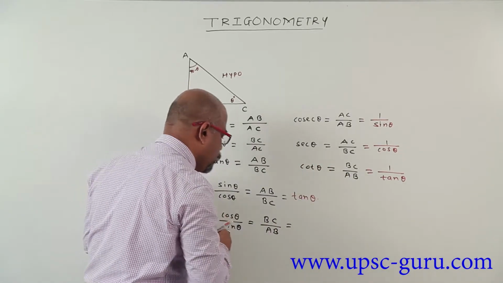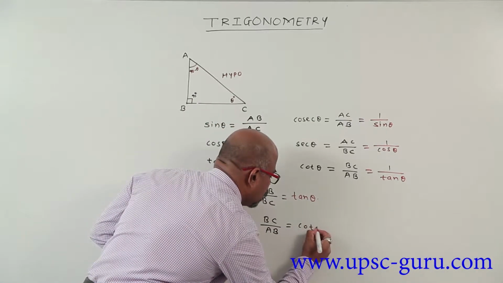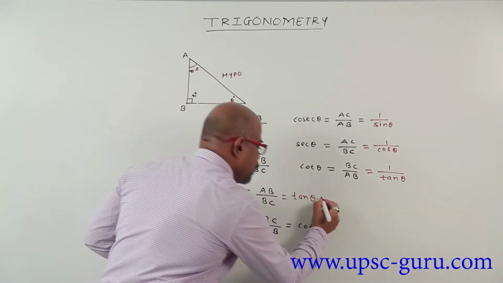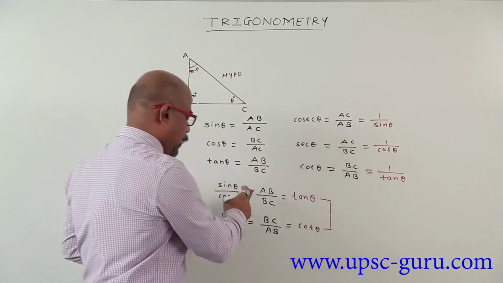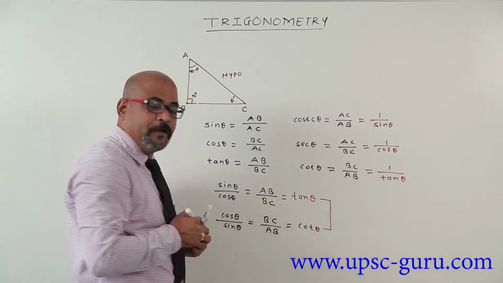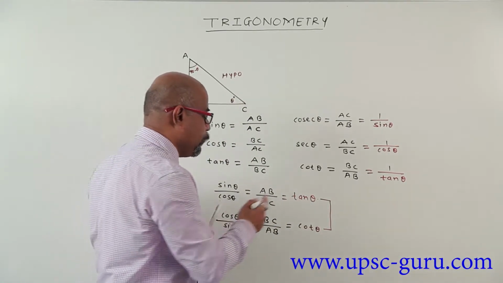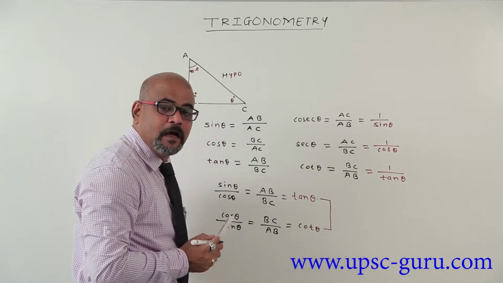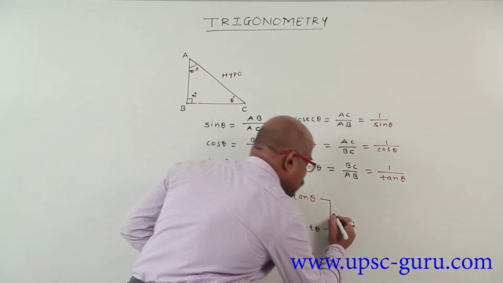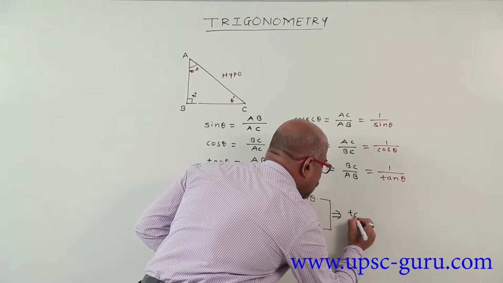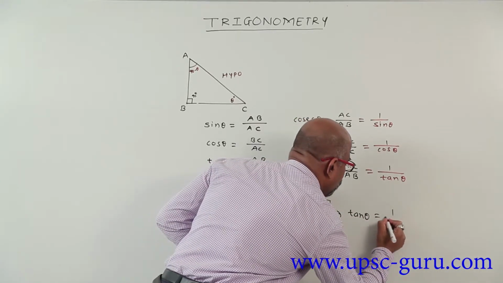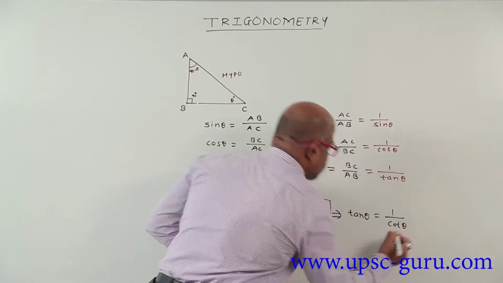Therefore cos theta upon sine theta equals to cot theta. Again from this ratio we get AB upon BC and BC upon AB. They are reciprocal of each other. Therefore tan theta and cot theta are reciprocal of each other. We get tan theta equals to 1 upon cot theta.